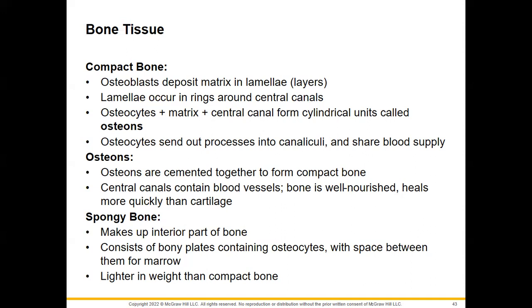Everything's going to be very packed together, and so not a lot of space. That's going to give it its weight. That's going to make it more heavy. Whereas your spongy bone is going to be lighter because it has more holes in it.